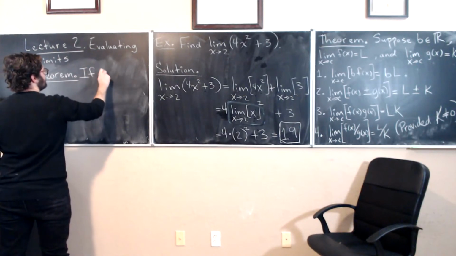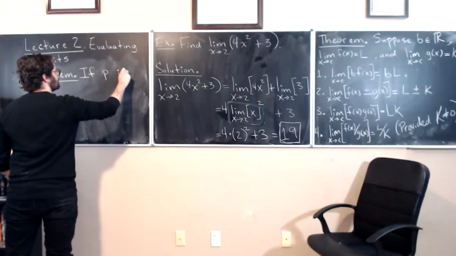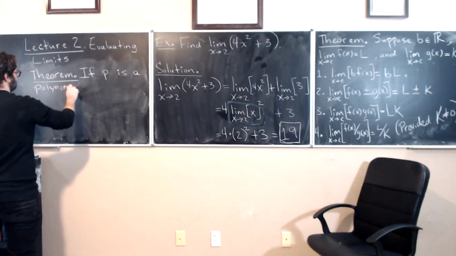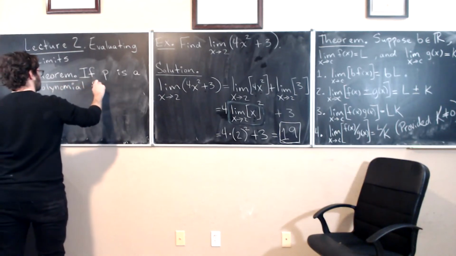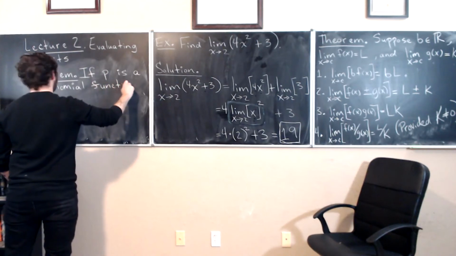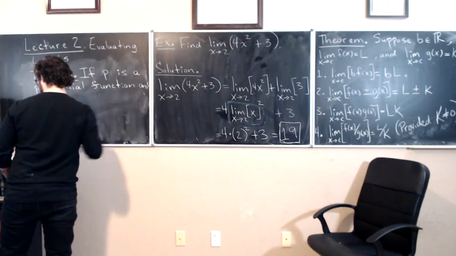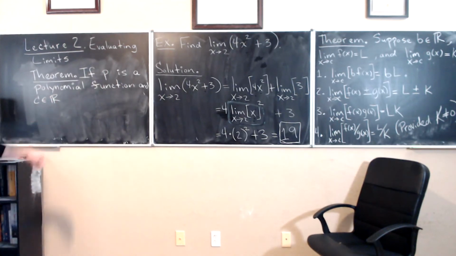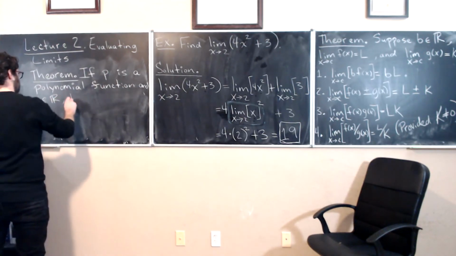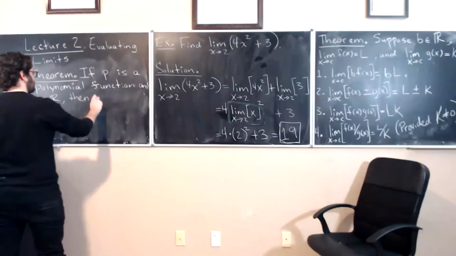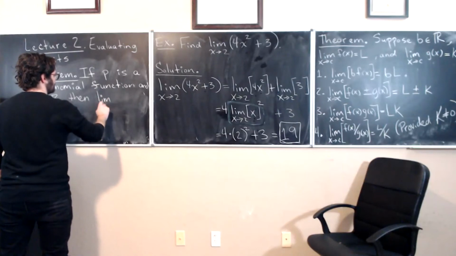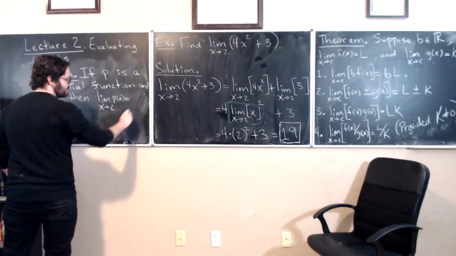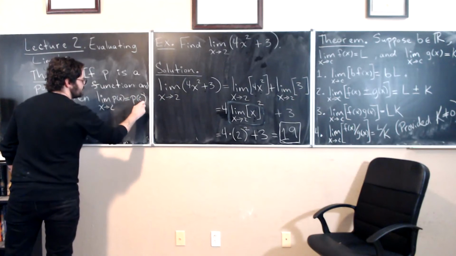It states that if P is a polynomial function, and C is any real number, there's that epsilon business again, C is a real number, then the limit as x approaches C of P of x is precisely P of C.